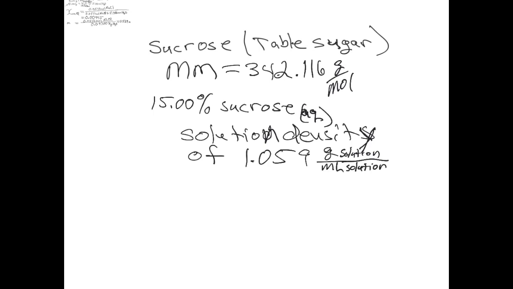Okay? So that's what density is, 1.059 grams of solution per milliliter of solution. That's how you express density. And I want you to think about that. That's density of the solution. So that's total grams of solution divided by total milliliters of solution. And a 15% sucrose solution by weight has this density, 1.059.